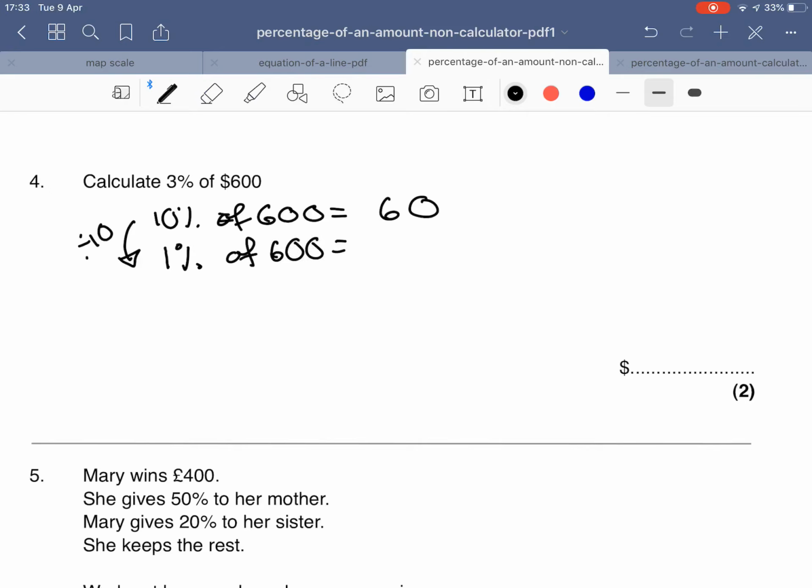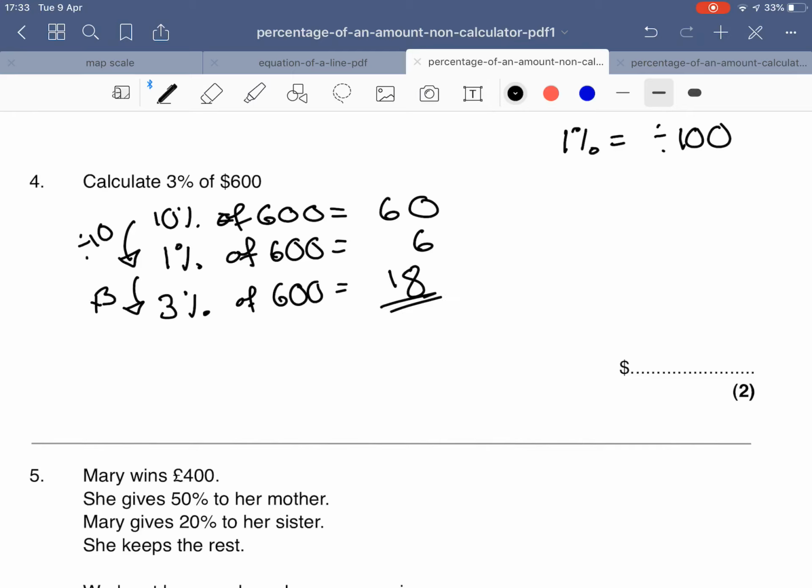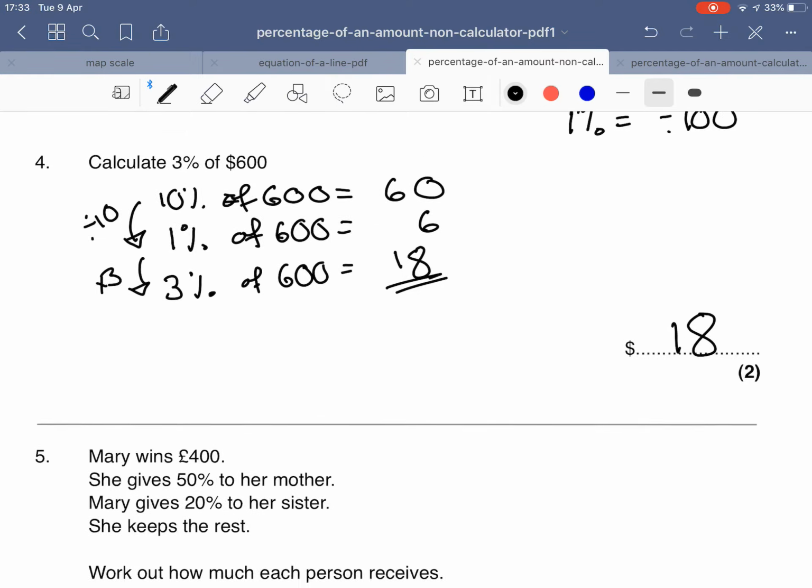So we're essentially dividing it by 100. So 1% is 6. Well, if I know 1% is 6, I can find 3% of 600. I just need to times that by 3. So 6 3s are 18.